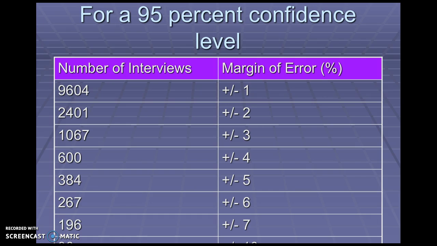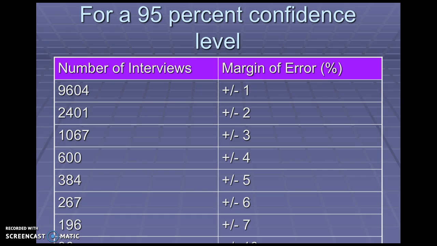So for a 95% confidence level, you'll see the number of interviews that will lead to a margin of error. So, again, assuming that the poll was well designed and that the sample is random, if we interview 9,604 people, we'll have a margin of error of plus or minus 1%.